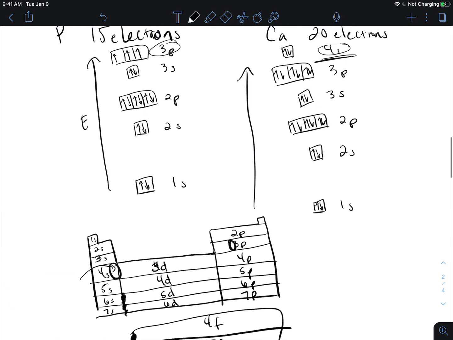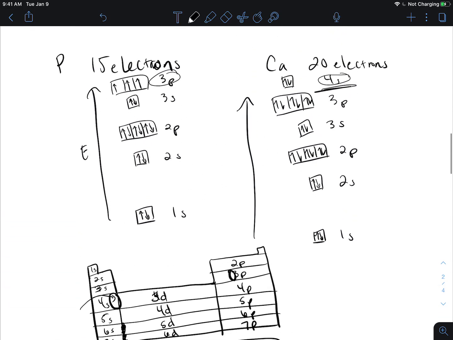So if we looked here, we have 2 electrons in our 1s. We have 2 electrons in our 2s. We have 6 electrons in our 2p, 2 electrons in our 3s, and 3 electrons in our 3p subshell. So we're just using subshells, not orbitals, in an electron configuration.